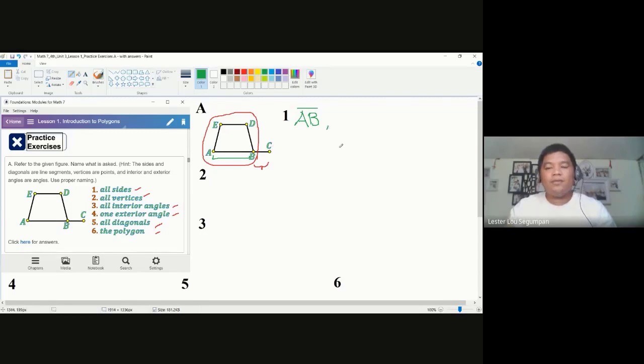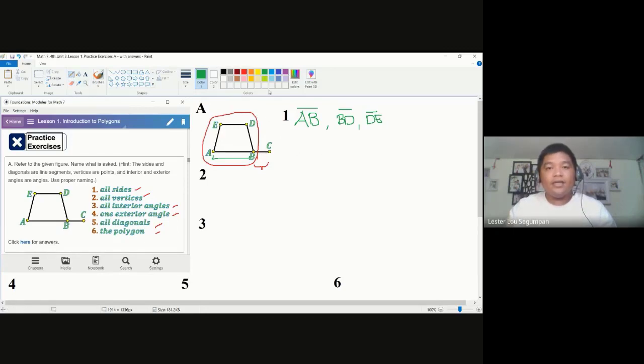That will be continued to this area here, which is the side BD. And then, just continuing the counterclockwise motion, you also have side DE.